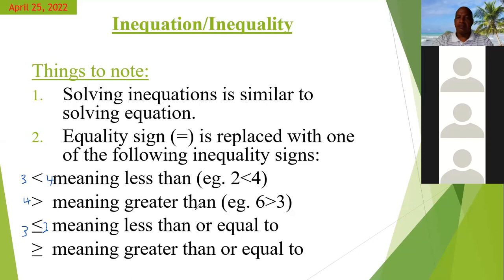No, because if it's 3 is less than or equal to 3, 3 is equal to 3, that part is true. But 3 is less than 3? No, sir. So there is something wrong with this too. So what we're saying is, when we're using the less than or equal to symbol, we're generally using it in the context of an unknown. Right? And so you have to bear that in mind. All right, guys.